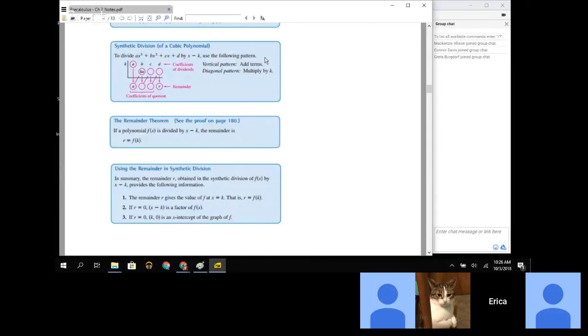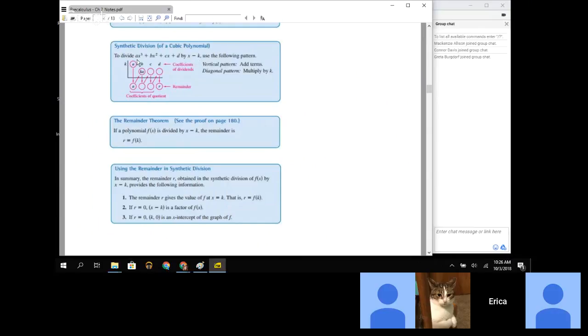You can use this pattern to divide. So I'm going to explain it here and then we're going to do a lot of examples. Okay. So you draw this little box and you put the coefficients a, b, c, and d at the top. And then you put the k value, whatever you're subtracting by, out here.